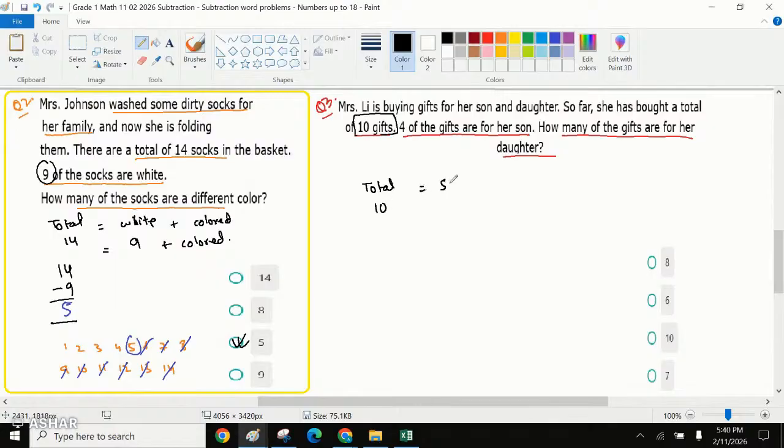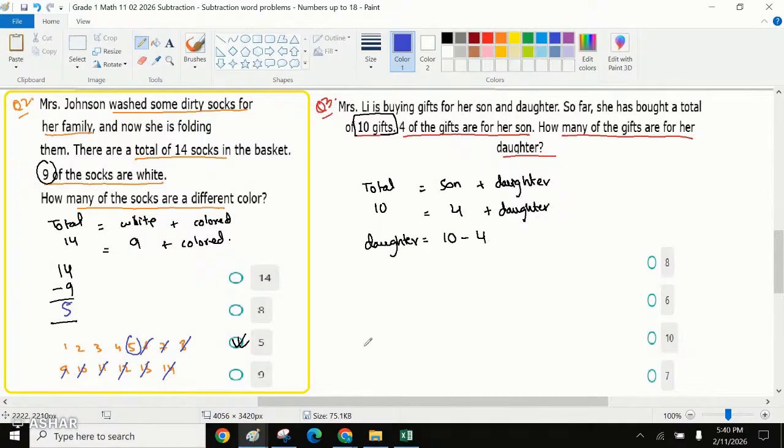Some of them were for her son. The remaining were for her daughter. If the son got 4 gifts, then the daughter gets the remaining. So can we say the gifts the daughter would receive would be the total minus what her son receives?